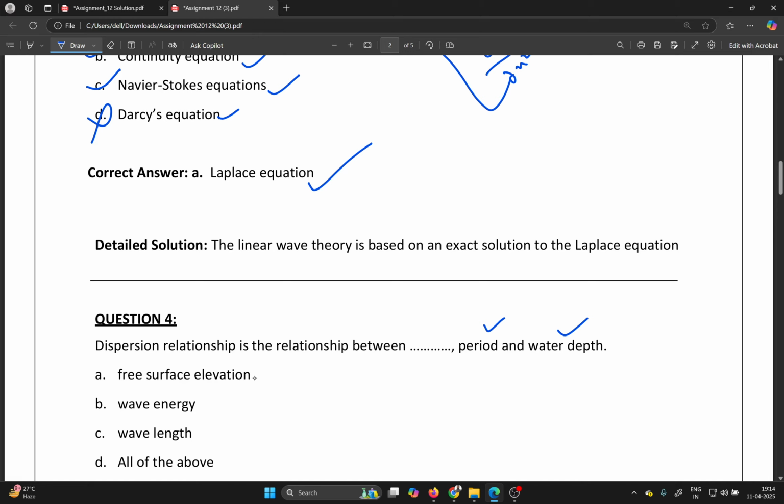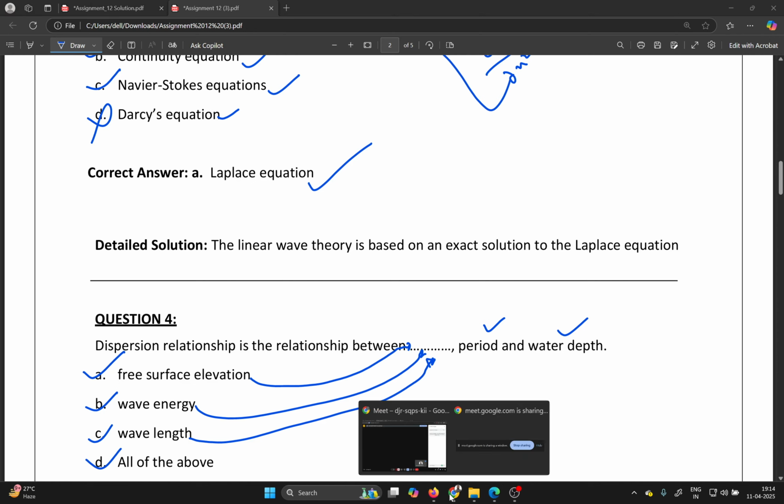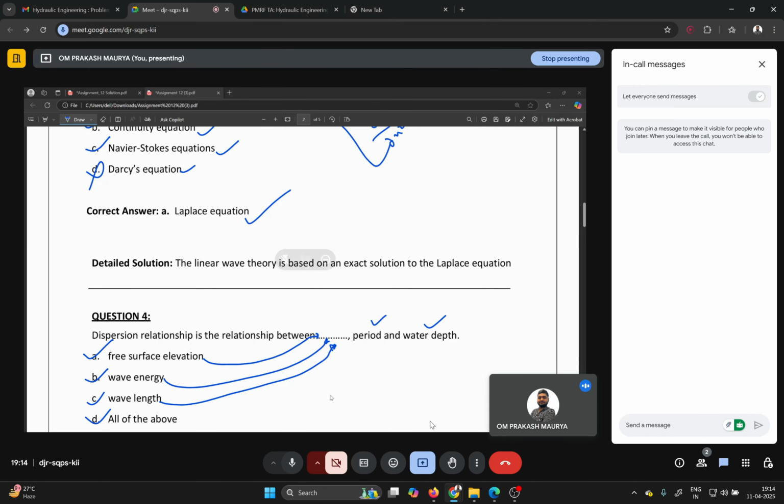So you have to fill this one; if it is a correct statement, then you go with this, separately with the others, and for all of the above you can just think. So which option will be correct for question number 4? Very easy question, very simple question.